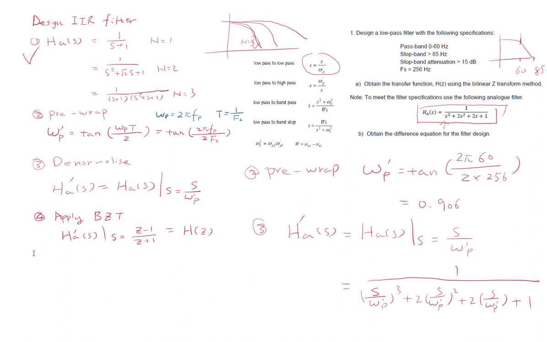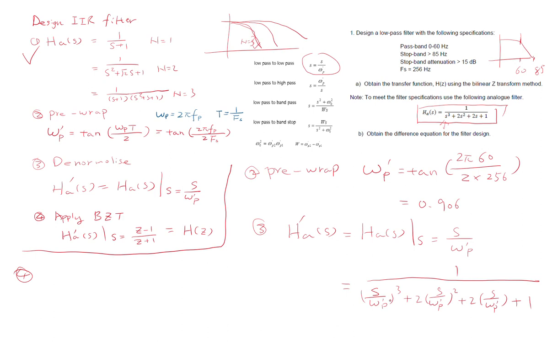Then after you got this, the last step is easy. So the number 4, the last step, you replace this s with z minus 1 over z plus 1.